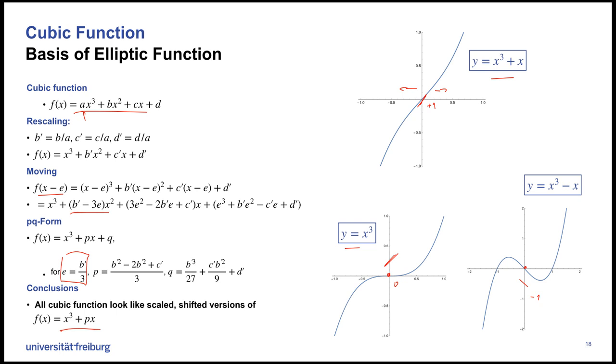Okay, which is nice. Now you can go back to the 16th century and read the book of Cardano on how to solve this cubic equation, which is more complicated. I think it's 2 or 3 times the size of the solution of the quadratic formula. But there's a nice trick: usually you bring this into this form and do another substitution for x, which transforms this into a quadratic equation.